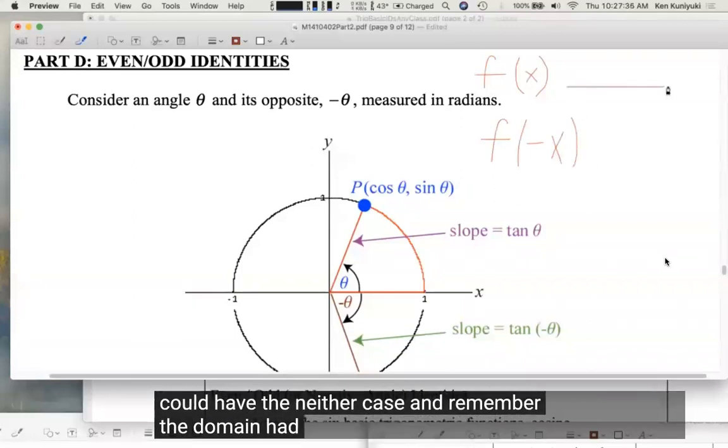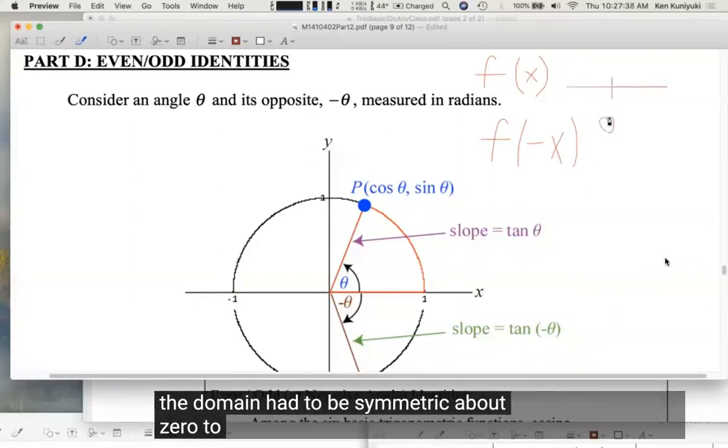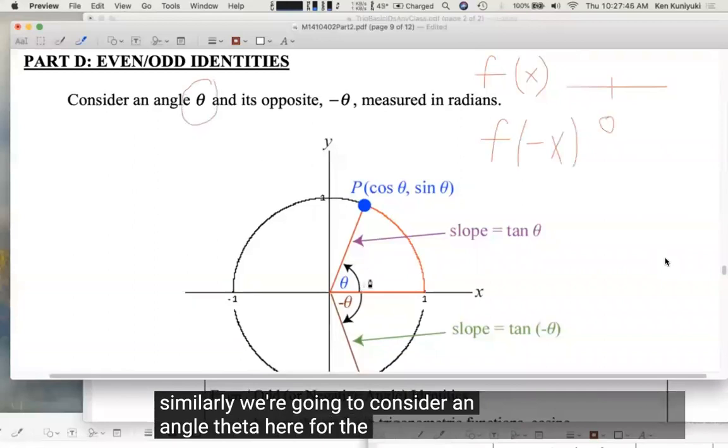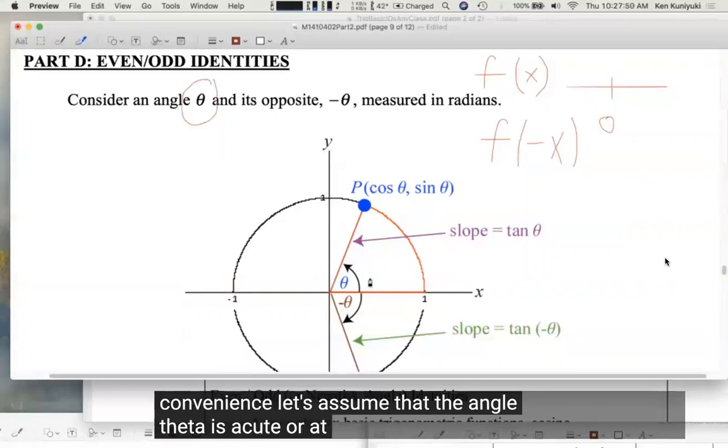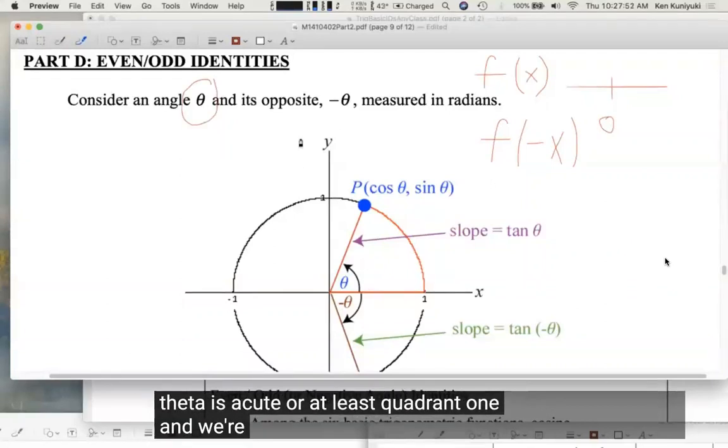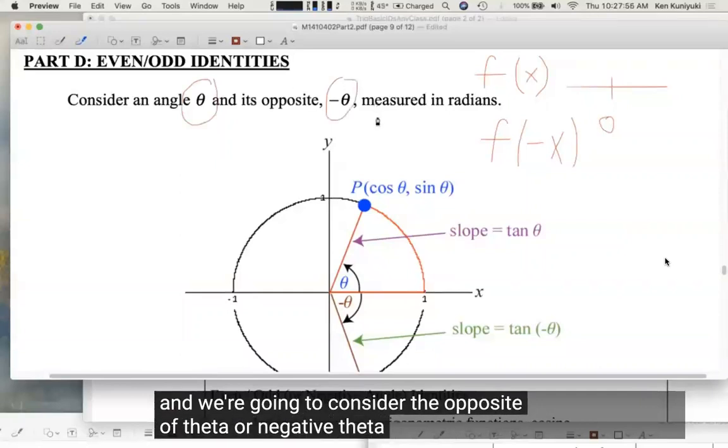And remember, the domain had to be symmetric about 0 to have an even or odd function. So similarly, we're going to consider an angle theta. Here, for the sake of convenience, let's assume that the angle theta is acute, or at least quadrant 1. And we're going to consider the opposite of theta, or negative theta, informally.